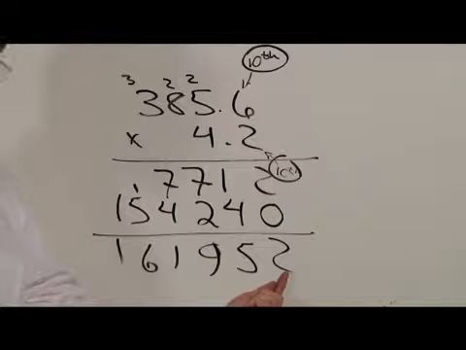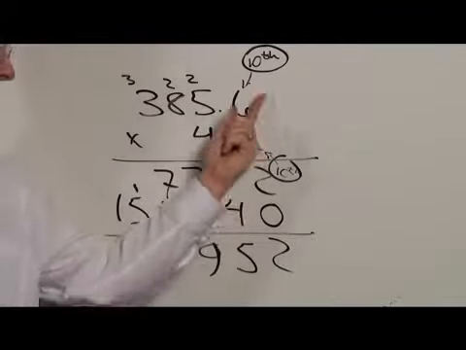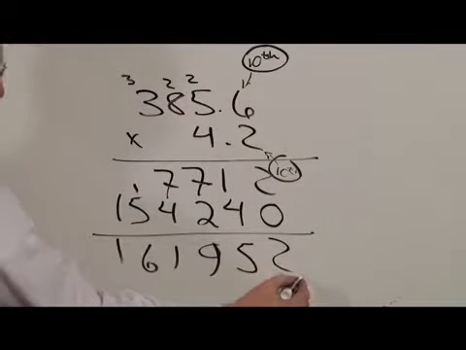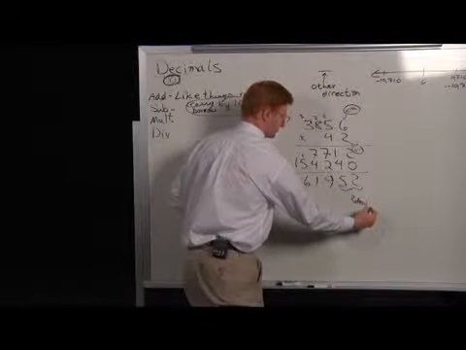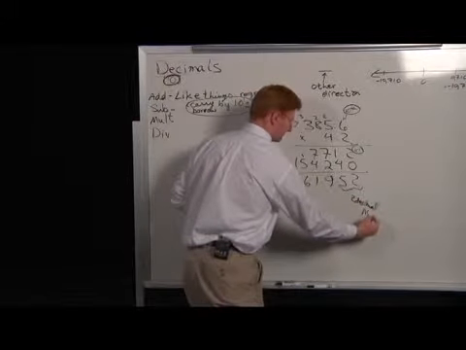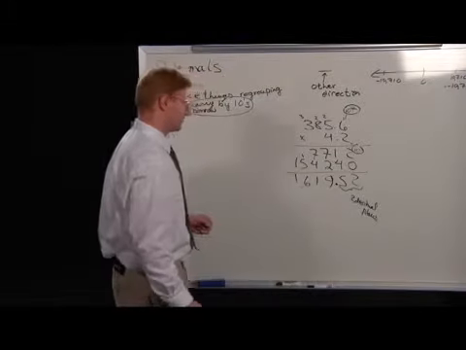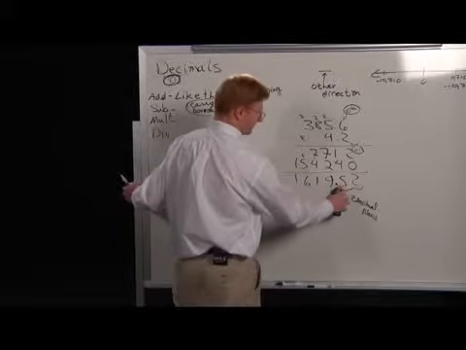So here comes the shortcut. The total number of decimal places up here, 1, 2, is going to be where you put the decimal down here. So we have 2 decimal places. In this case, it's 1619.52.